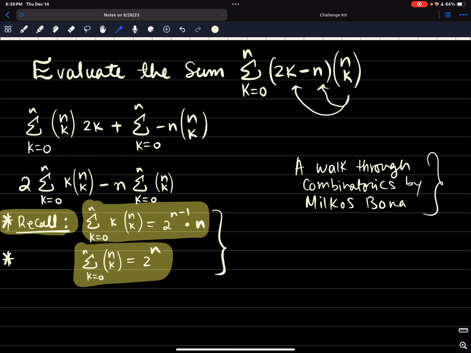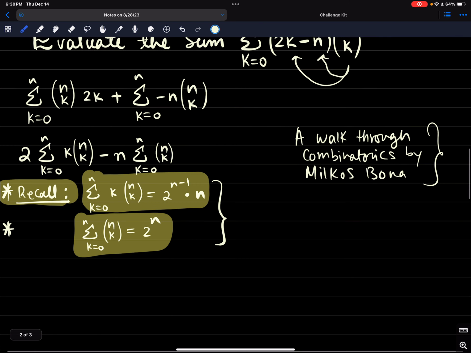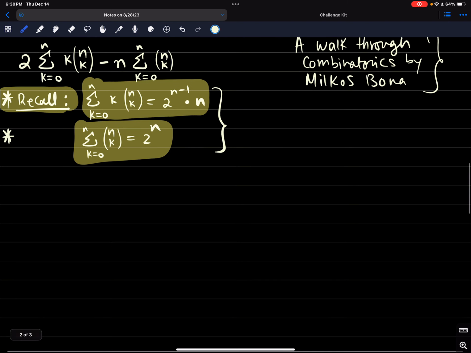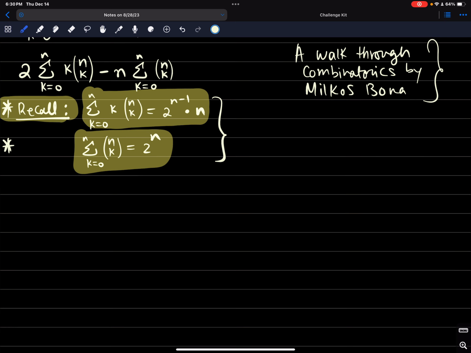So once you have that figured out, then you can basically use this fact and plug these values in here, right? So you can plug this value in here and you can plug this value in here, right? So let's do that. So we know that sum from k equals 0 to n of k times n choose k is 2 to the power of n minus 1 times n.